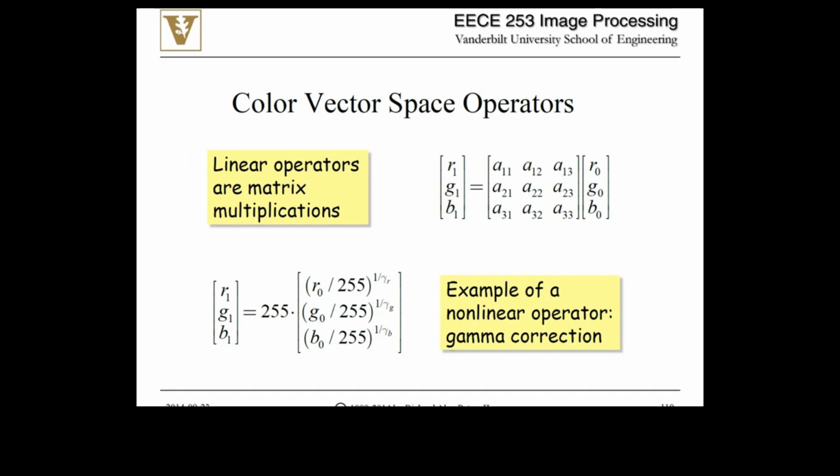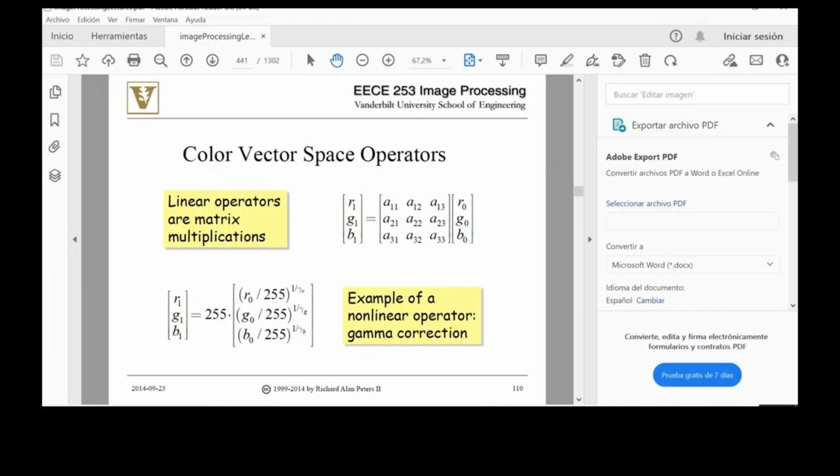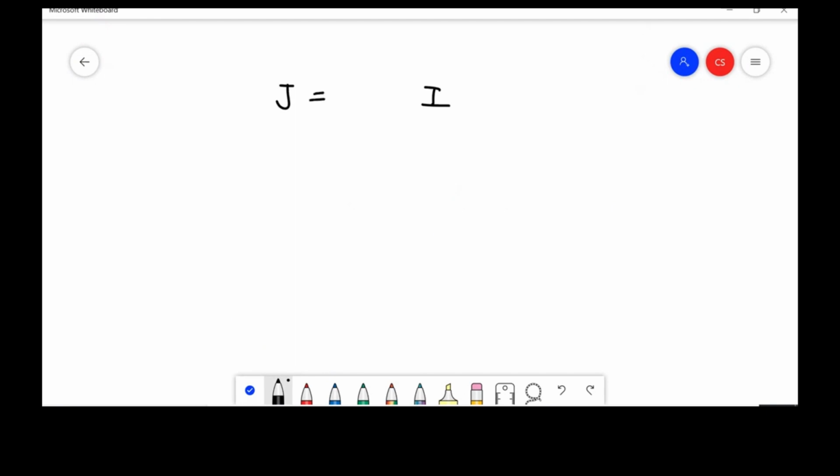This would be a linear function. Let's say we have image I, we have image J, and we have a transformation between those. That transformation can be linear or non-linear, and we already know what linearity is.